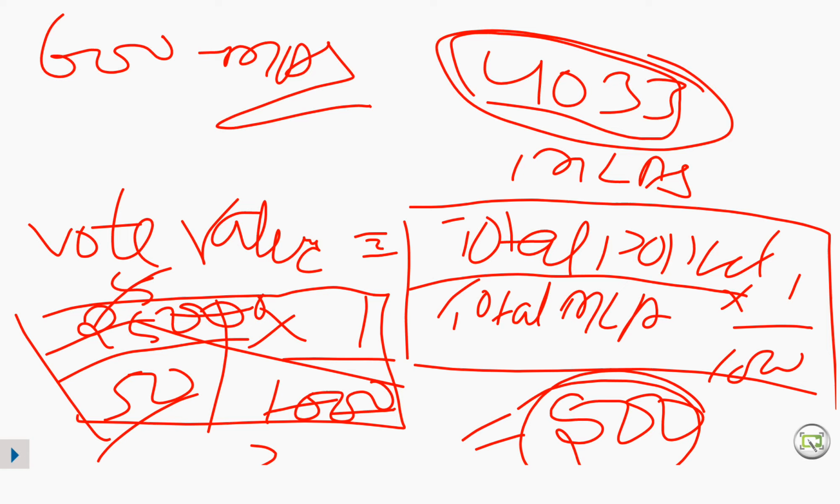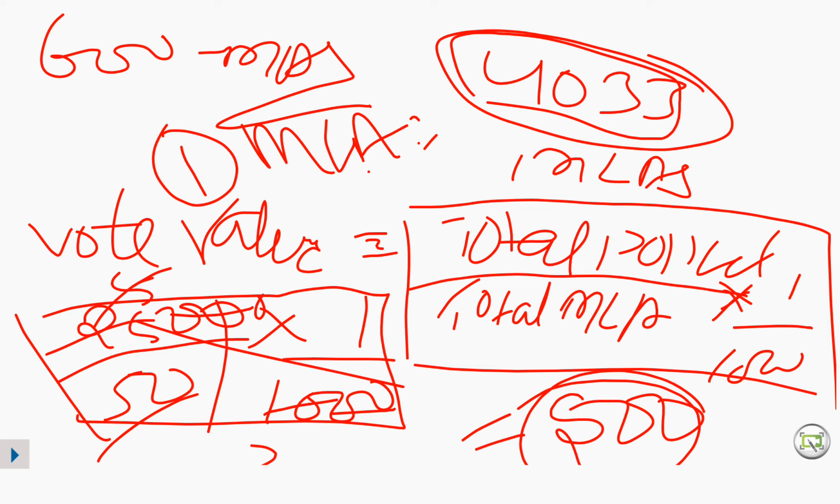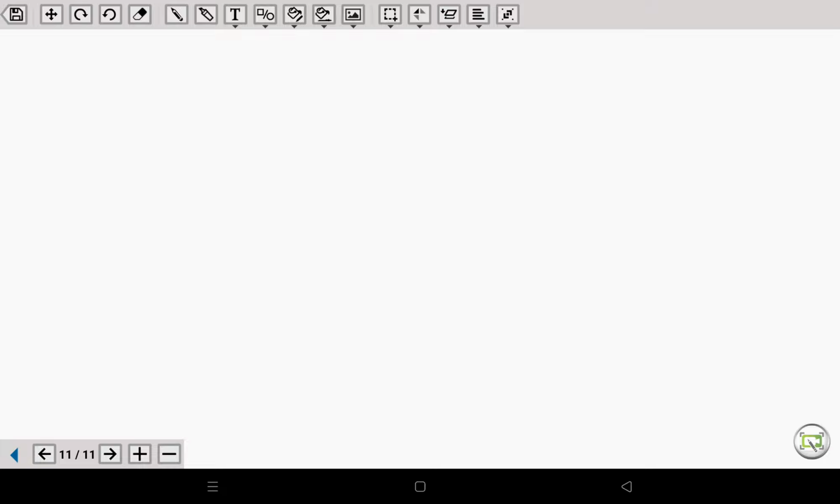That the vote value of one MLA is equal to the total population of that state divided by the total MLAs of that state, divided by 1000. If we change into reciprocal, we can write multiply by 1 by 1000. So this is the vote value of an MLA.